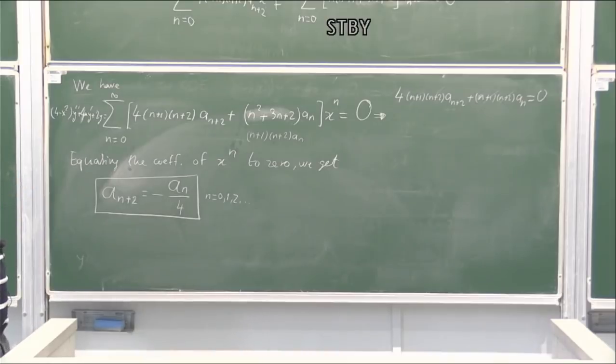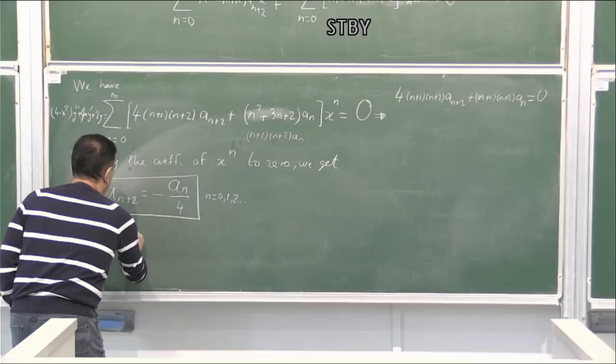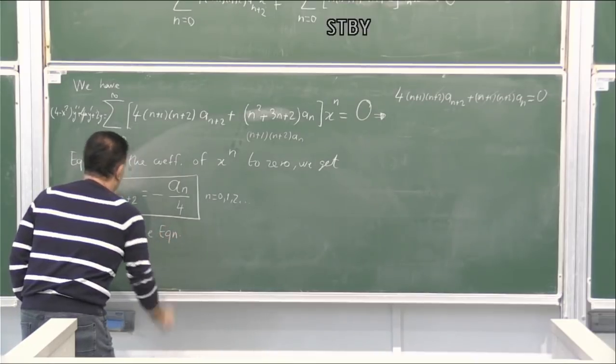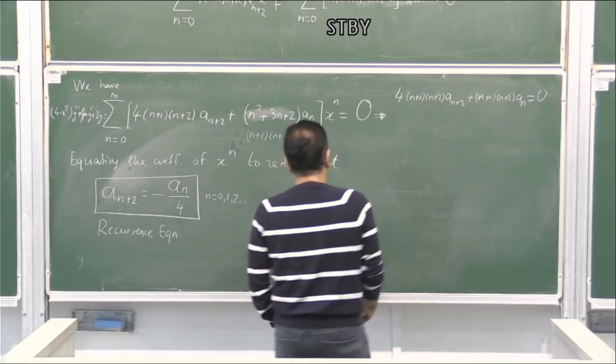So a very nice recursion is obtained. This is the recurrence equation or recursion relation to determine a n.